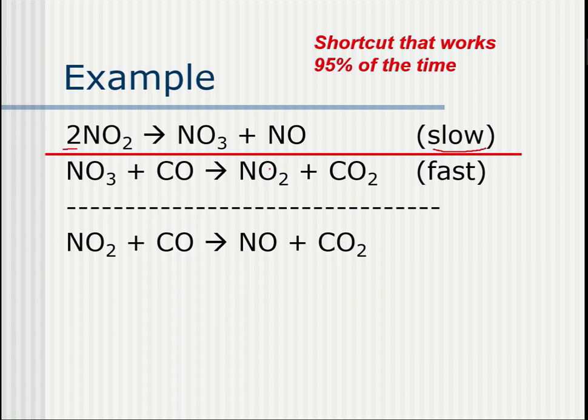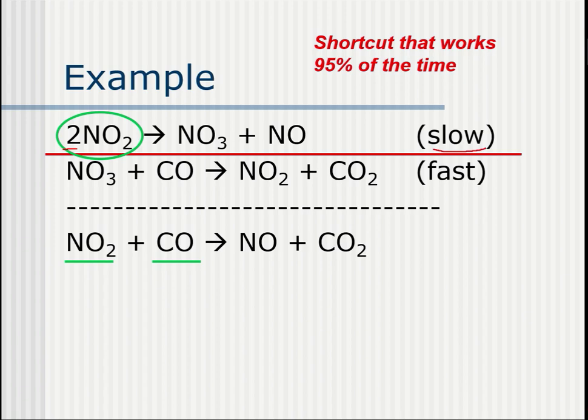And then what you're going to do is look at the reactants in your overall chemical reaction, and count how many NO2s are there and how many COs are there above the red line. Above the red line, not in the overall reaction, above the red line.